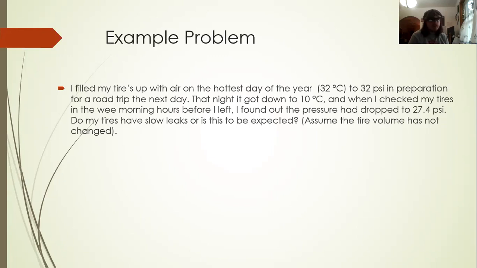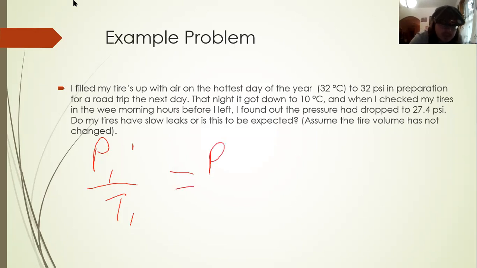So in order to do this, we have to do some conversions. But essentially, I'm going to annotate the screen. P1 over T1, because if the moles of gas haven't changed and the volume of the tire hasn't changed, those can cancel out, equals P2 over T2.